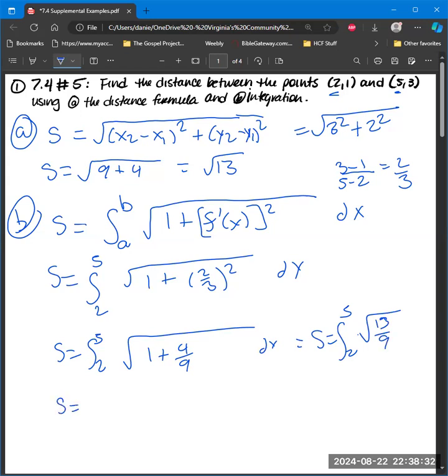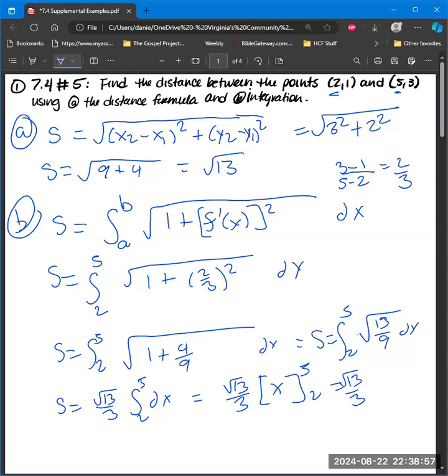And s is root 13 over 3 times the integral from 2 to 5 of dx, which is root 13 over 3 times x from 2 to 5.